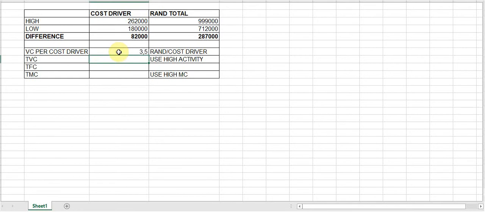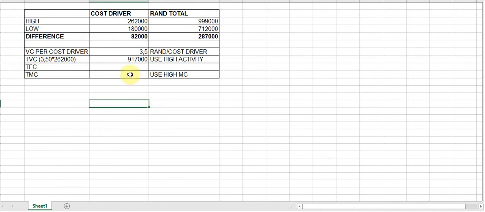To get to the total variable cost, I need to use the highest activity, or the highest cost driver. The highest was 262,000, and I multiply it by the variable cost per cost driver I just calculated, so 3 Rand 50 times 262,000. That gives me a total variable cost of 917,000.